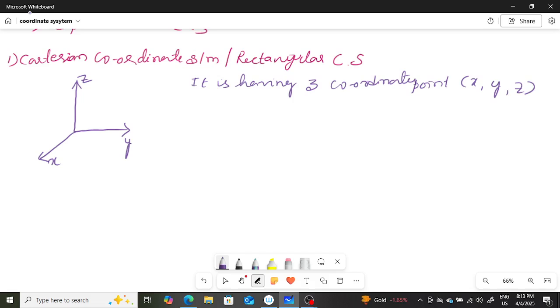Because we are representing in 3D, these three coordinate axes are mutually perpendicular to each other. So the angle between x and y, y and z, z and x is 90 degrees, mutually perpendicular.